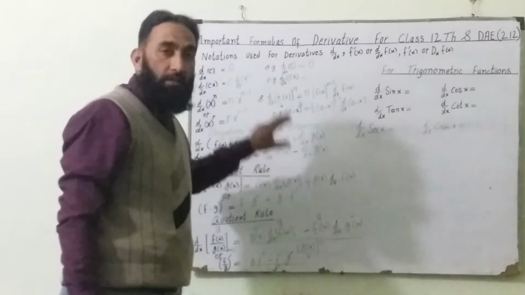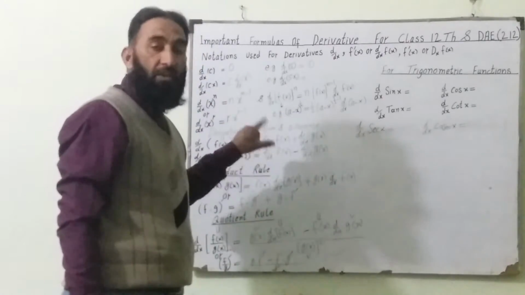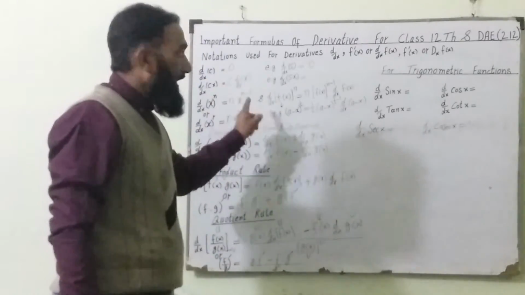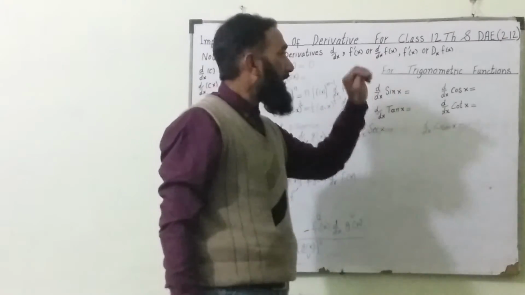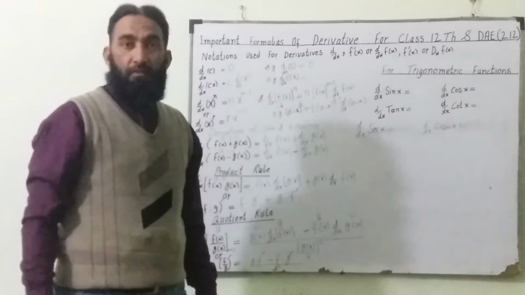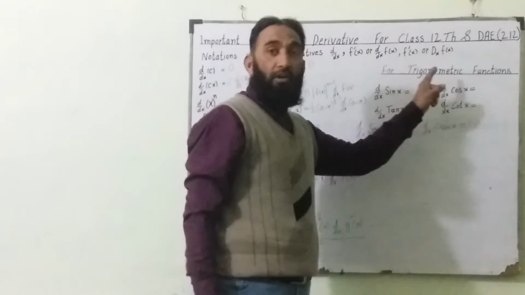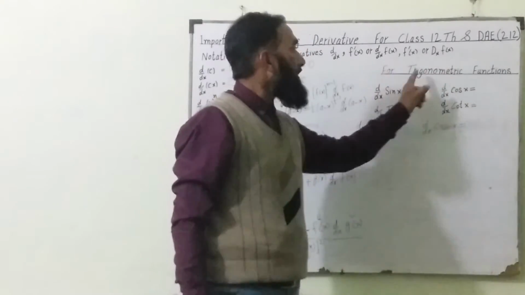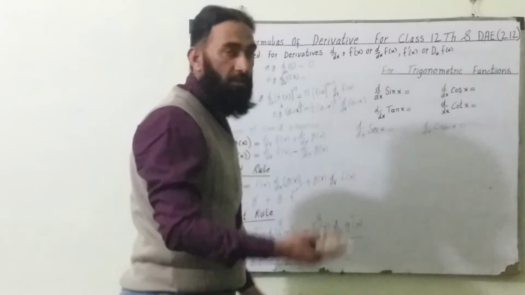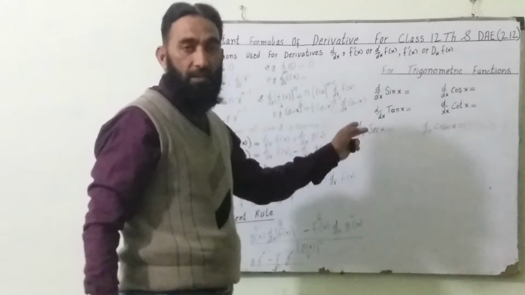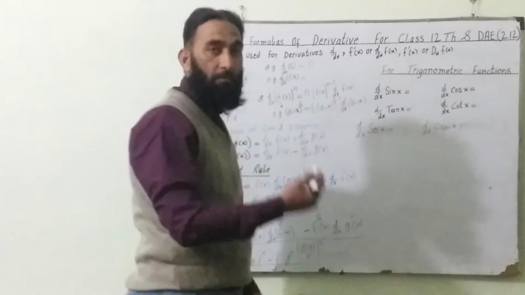Students, this is regarding the basic formulas of the derivatives, and you can see that here are trigonometric functions. For trigonometric functions, I am writing so that we will complete this.